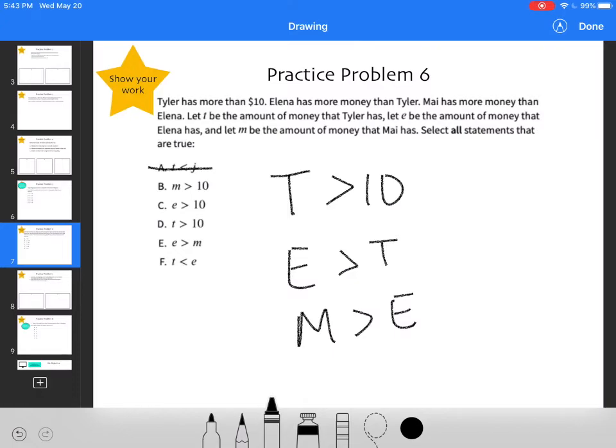Well, that's got to be true because Mai has the most money. E is greater than 10. Yes, that's true because Alina has more than Tyler. Tyler is greater than 10. That's true. Alina is not greater than Mai. And Tyler is less than Alina. That's true. So I would argue that A and E are not correct.